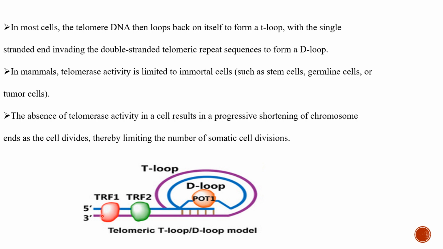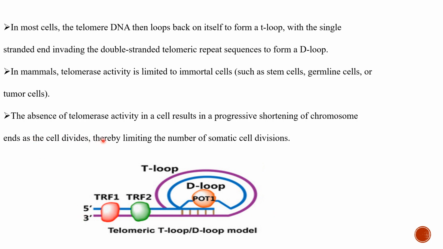Here we are given another point: in mammals, telomerase activity is limited to immortal cells like stem cells or germline cells, and mainly tumor or cancerous cells. This telomerase activity is immortal, in the sense that in cells having it, there will never be a loss of information or shortening of the chromosome after each round of replication, right?